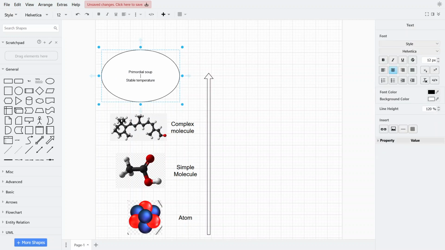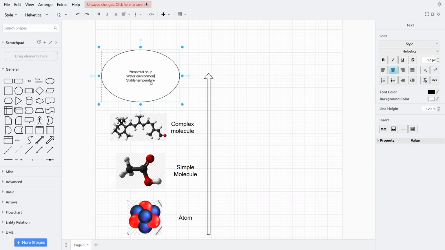Let's say stable, then, water is more dense than air, and bonds and stuff like that can happen more easily.